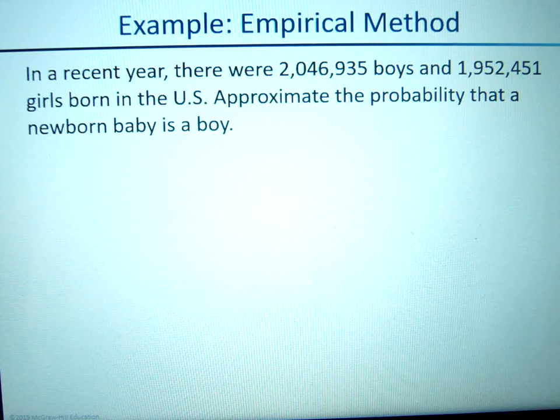In recent years, there were 2,046,935 boys and 1,952,451 girls born in the U.S. Approximate the probability that a newborn baby is a boy.